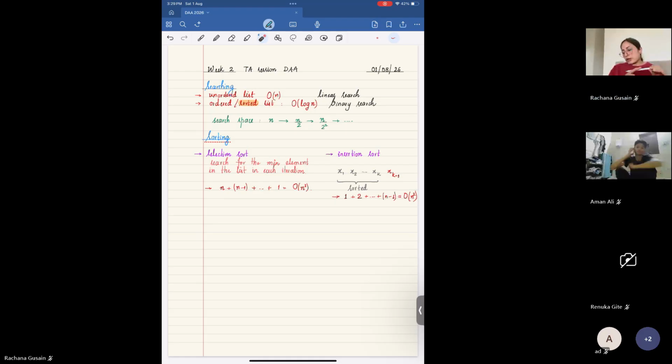Now, if I ask you what is the basic difference between selection sort and insertion sort, in the context of the sorted sublist that you see, can someone explain that?